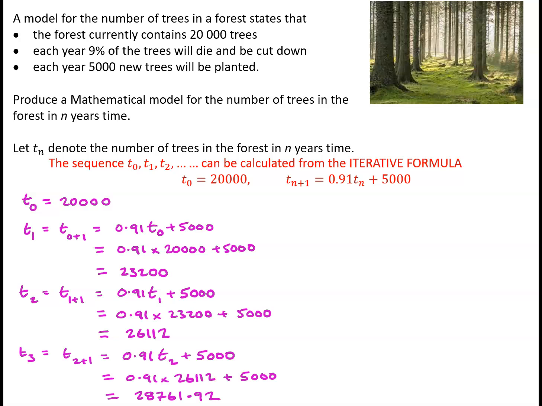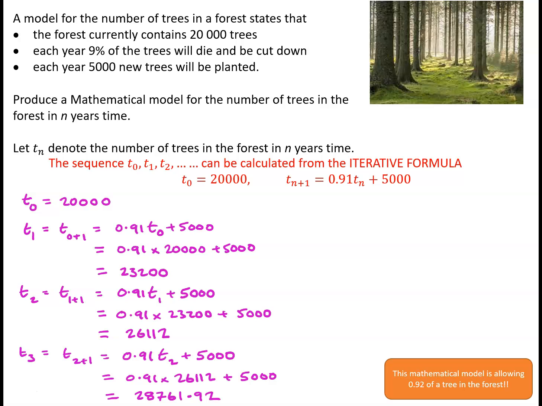And T3 is going to be 0.91 T2 plus 5,000, which ends up giving me 28,761.92. And straight away we can see that this model is actually giving us decimal parts of trees. We can't have 0.92 of a tree, okay, but the mathematical model is allowing us that.